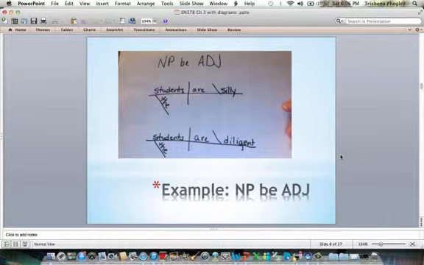The example that was in the textbook, the students are diligent, follows the same pattern. The words are different, but they each have the same role or the same function in the sentence, so that's why these sentences are the noun phrase, be verb, adjective, sentence pattern.